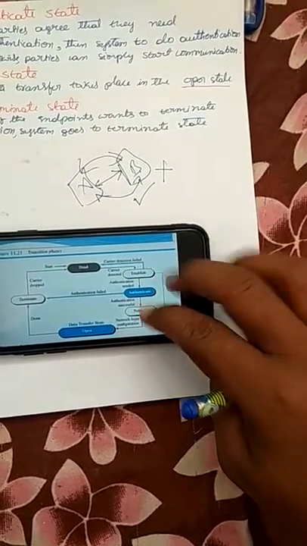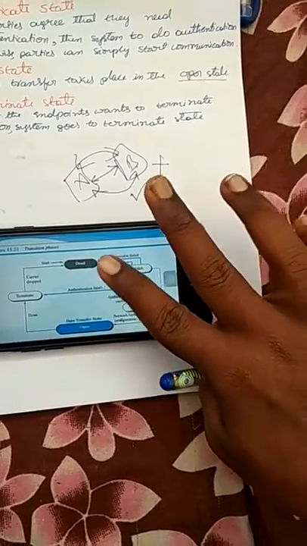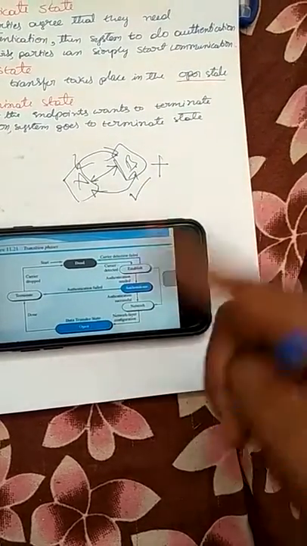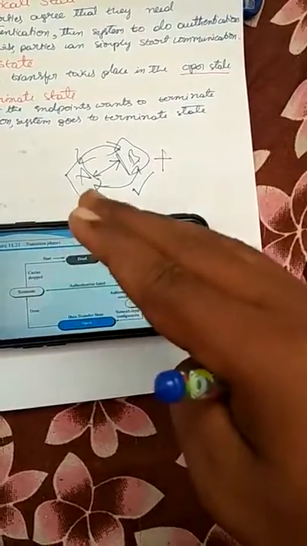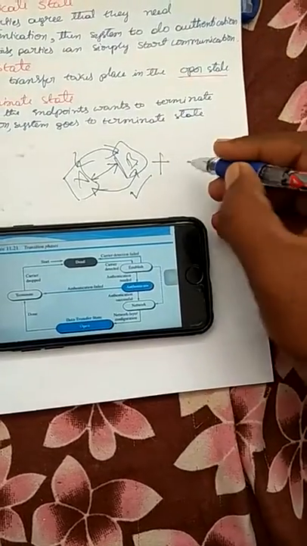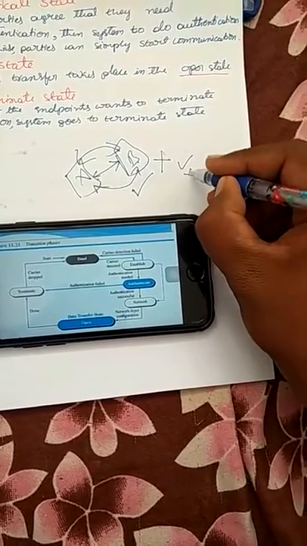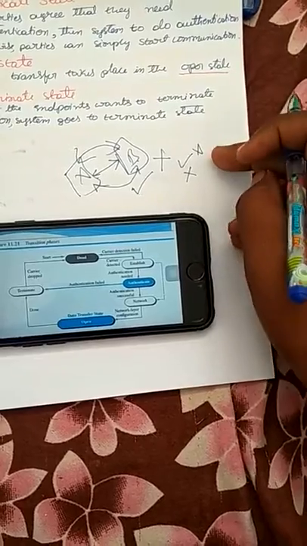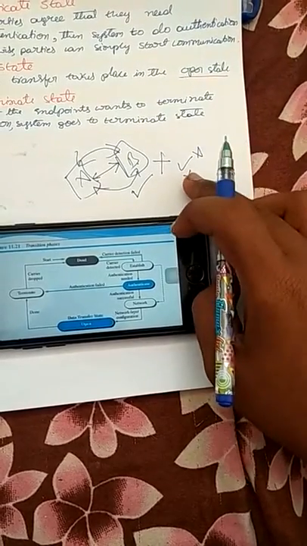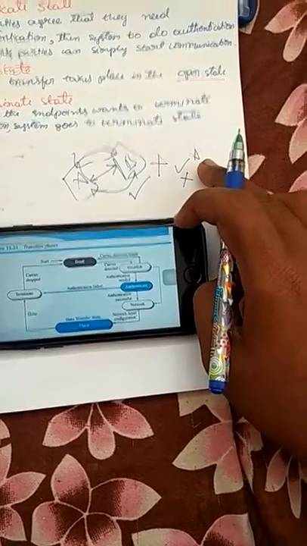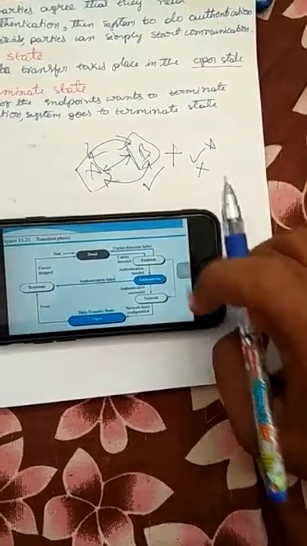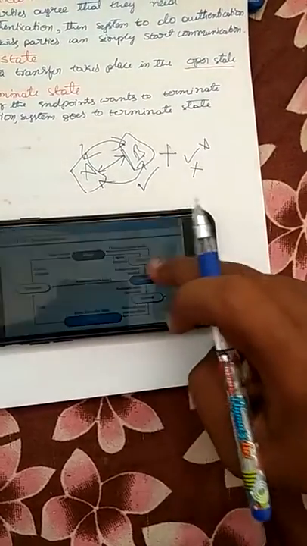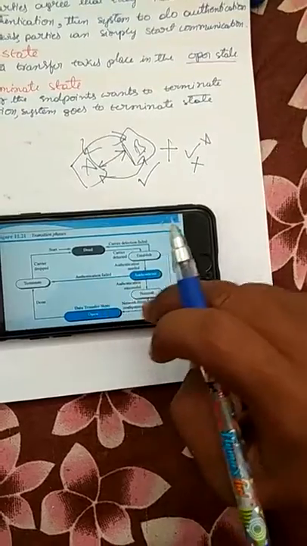For the authentication, the two parties will discuss and come to one agreement, whether they want the authentication or not. If they need not authenticate, it will come to transmission of data.